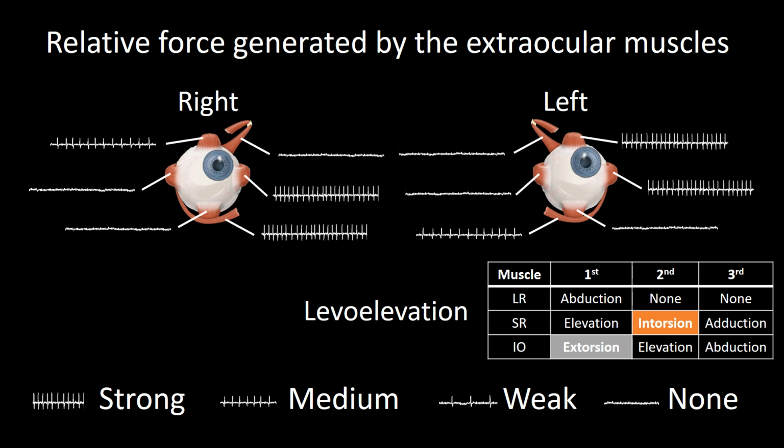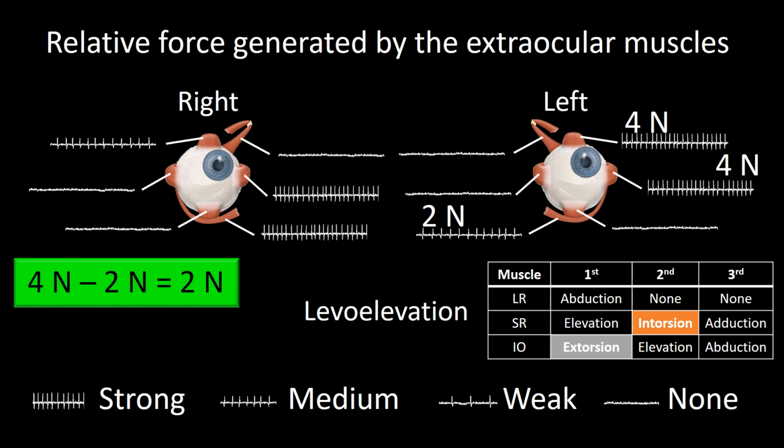Now I will assign a fictitious value to the forces produced by the contraction of these muscles: 4 newtons to the force generated by the lateral rectus, 4 newtons for the force generated by the superior rectus contraction, and 2 newtons for the force generated by the contraction of the inferior oblique. In this frame, I have introduced a simple formula to express the total force generated by the contractions of these muscles.